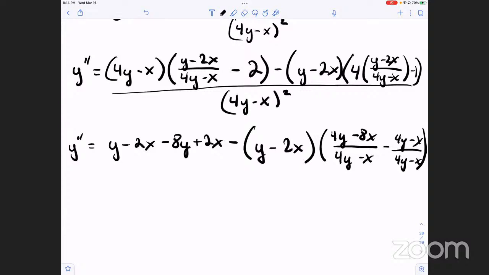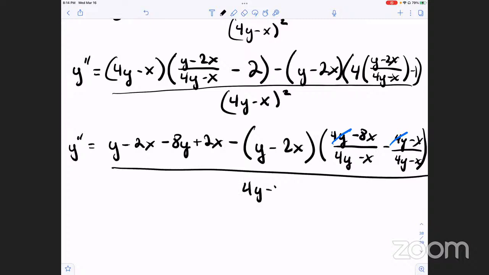So then we can combine those. The 4y's cancel, right? Because this is canceled by this, and then that becomes minus 7x. Okay, we're almost there. And this is still all over 4y minus x squared, okay?